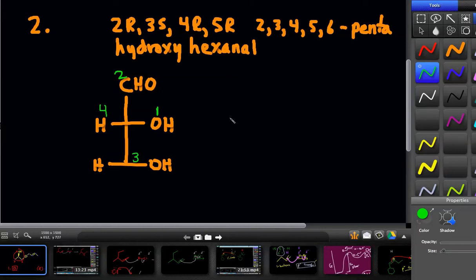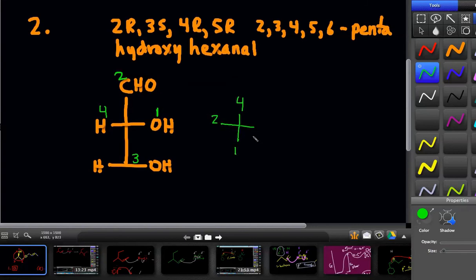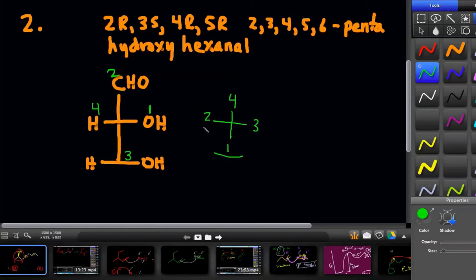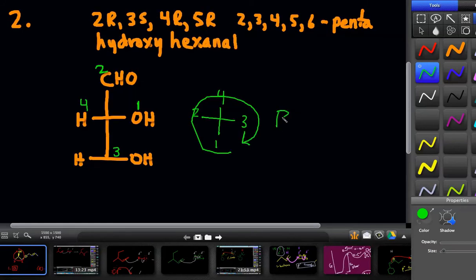Now 4 is not oriented away from us, so what I would do would be flip 2 labels twice. We can do 4 and 2 and 1 and 3. And as we go from 1 to 2 to 3, that is indeed R. So R occurs when the hydroxyl group is to the right.